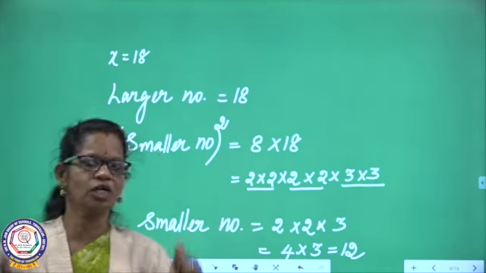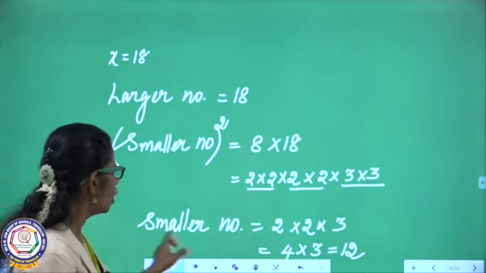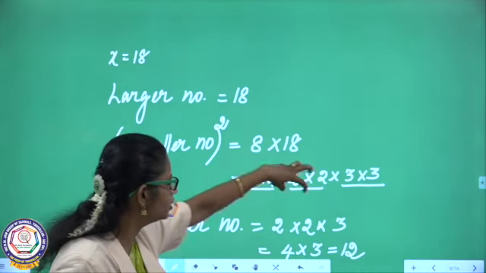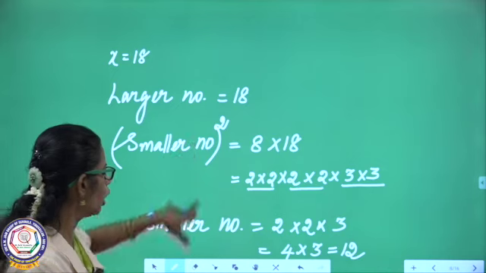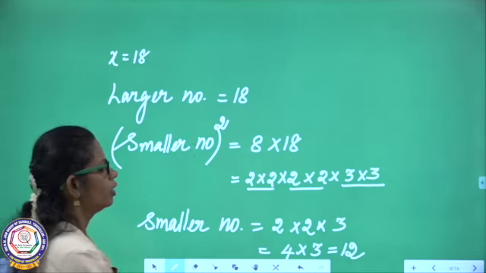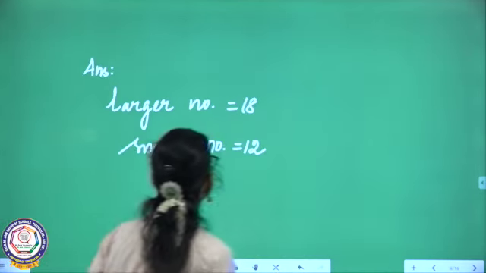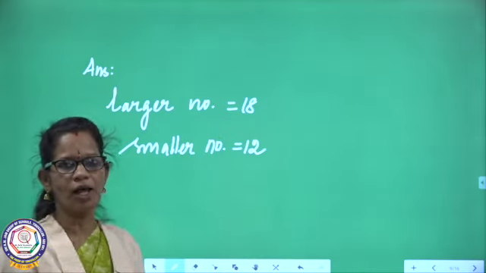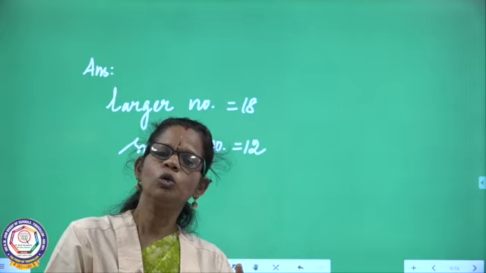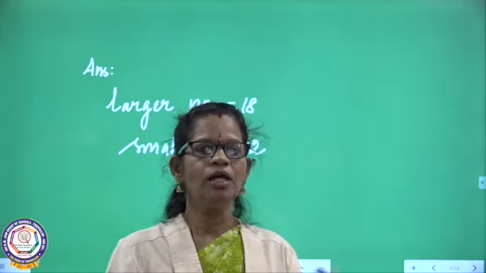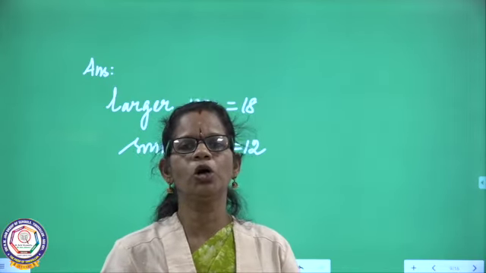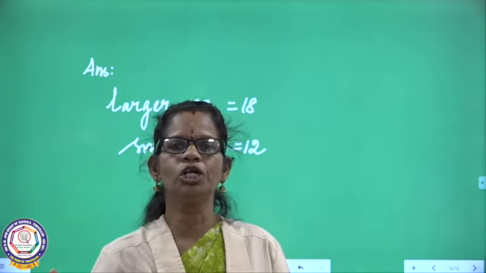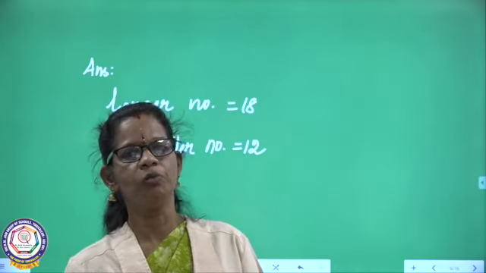That's why you are rejecting it. Then the smaller number, you are factorizing, and you arrive at the solution as 12. At the end, the result is larger number is 18, smaller number is 12. You have to read twice, thrice, understand the concept, register it in your mind, then convert the equation into the quadratic. Shall we move to the next?